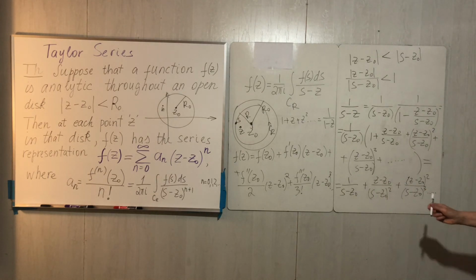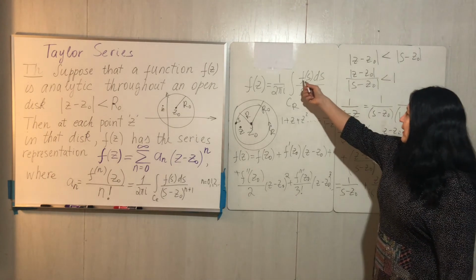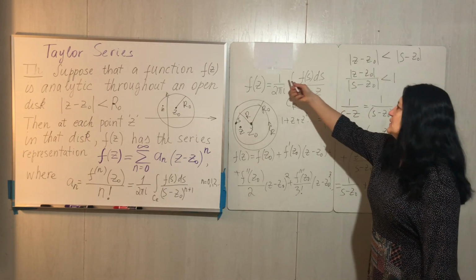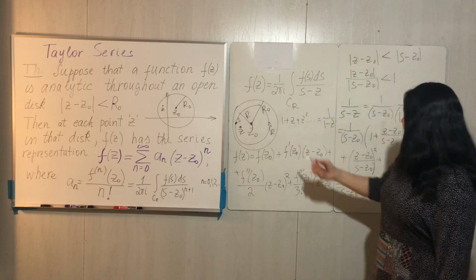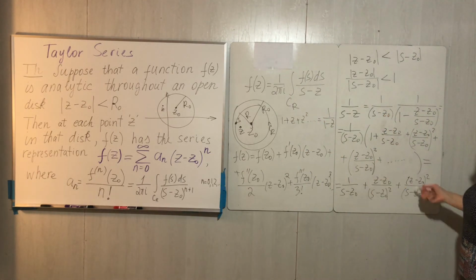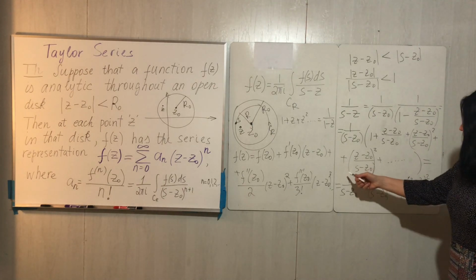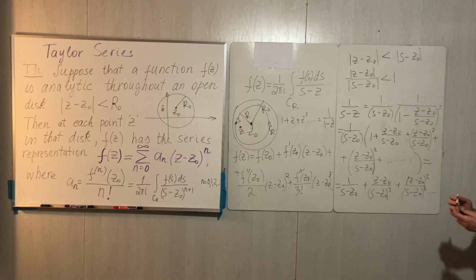So this is our expression. So what are we planning to do next? Next we will multiply this by f of s and 1 over 2 pi i, and integrate it term by term. We know that this is a uniformly convergent series, so we will be allowed to integrate it term by term.